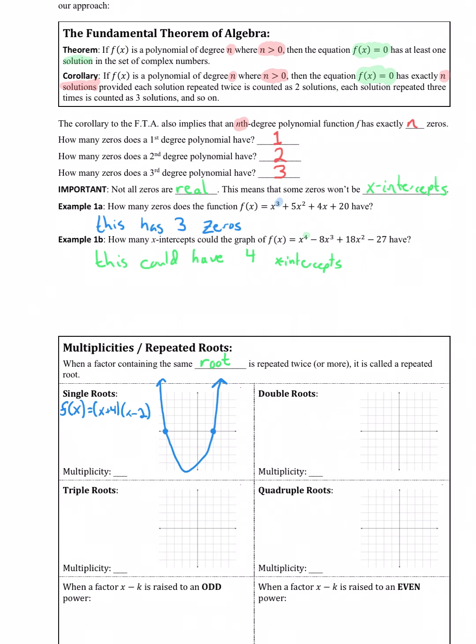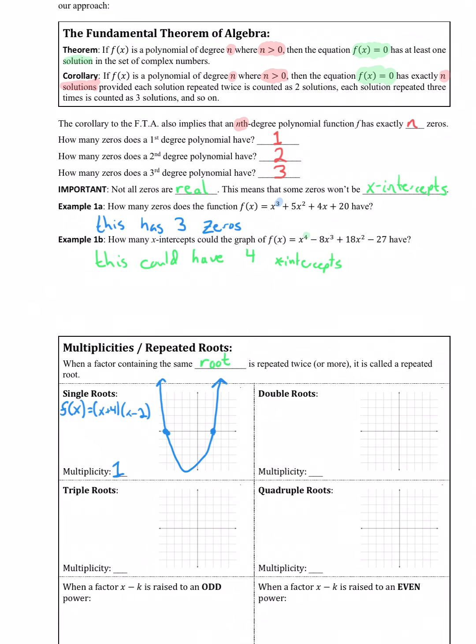And there's the 2 x-intercepts. That is an example of multiplicity 1. Okay, these are single roots, and we can tell they're single roots just because the line's going to go straight through them at the x-axis. It's basically how the line acts right around the x-axis is what we're looking at.